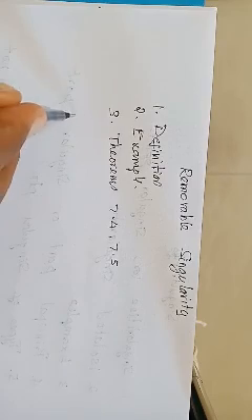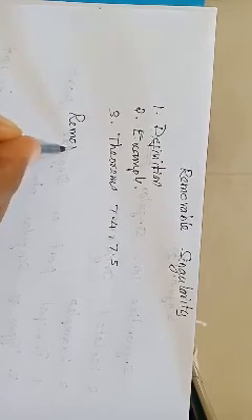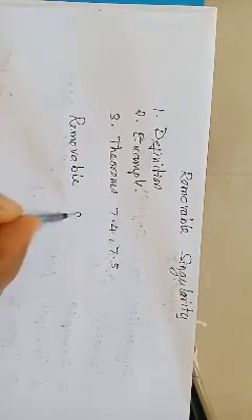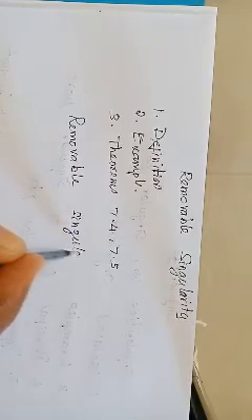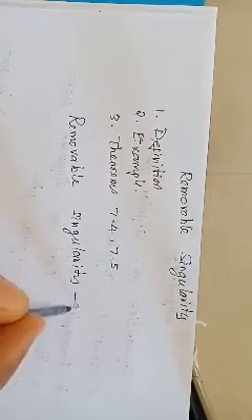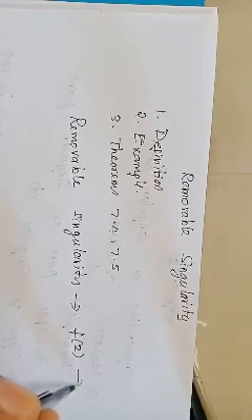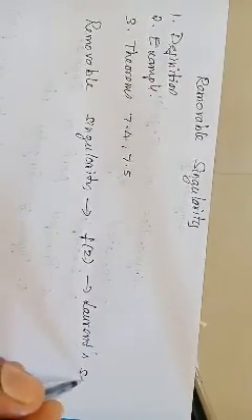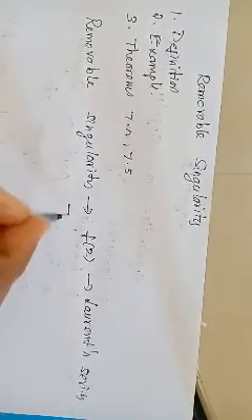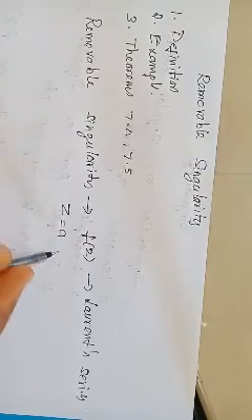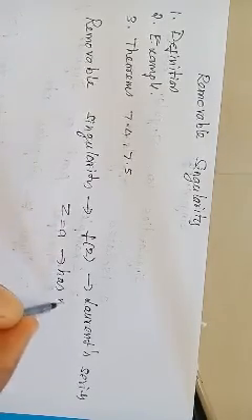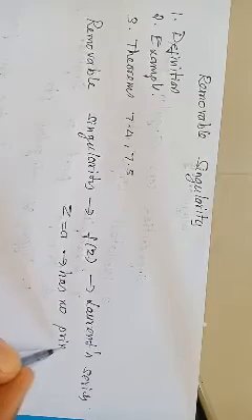As I explained in the previous video, a removable singularity is one where, if f of z is expanded as a Laurent series about the singular point z equal to a, it has no principal part.